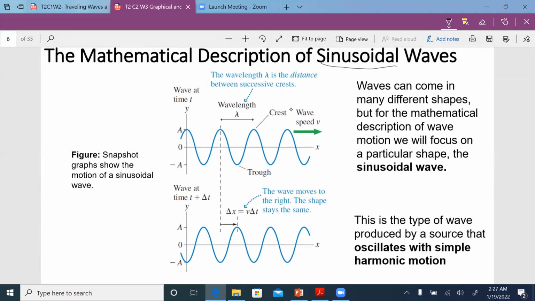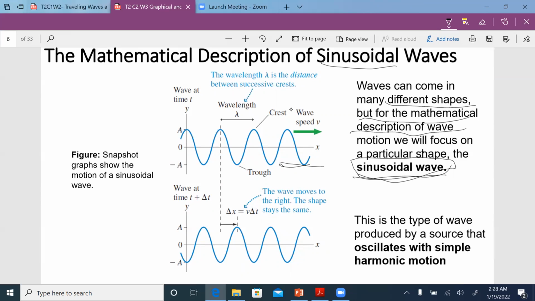That's why we saw the last one looking like a bent triangle, and these ones looking like a coiling spring. We have different shapes, but we choose to describe it mathematically with the focus on the sinusoidal wave. So no matter the shape it comes in, we are going to assume that it can be described using the sine and cosine function.